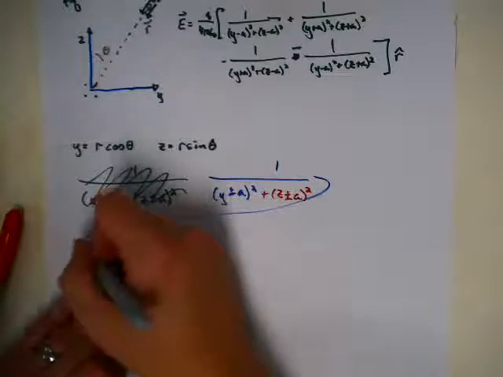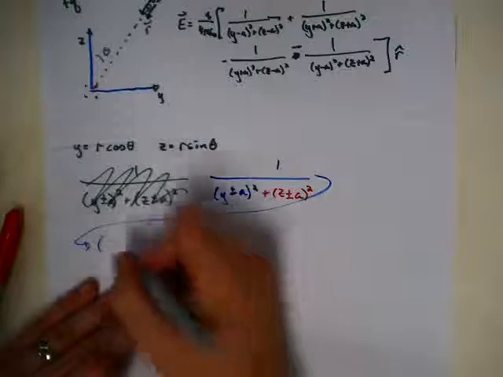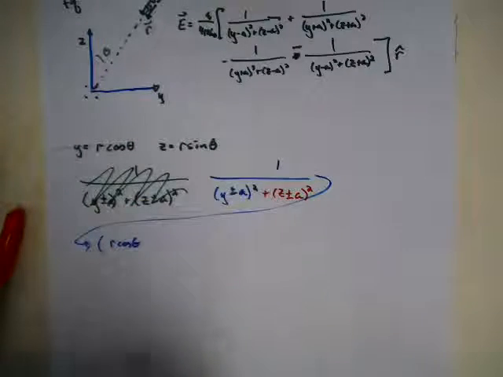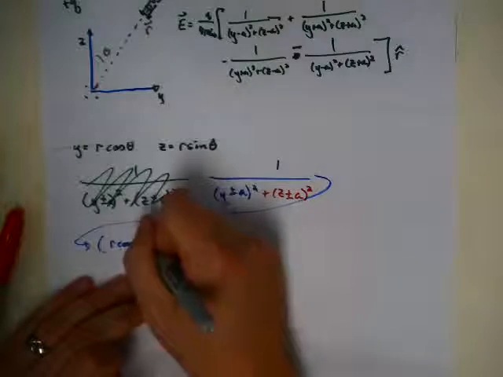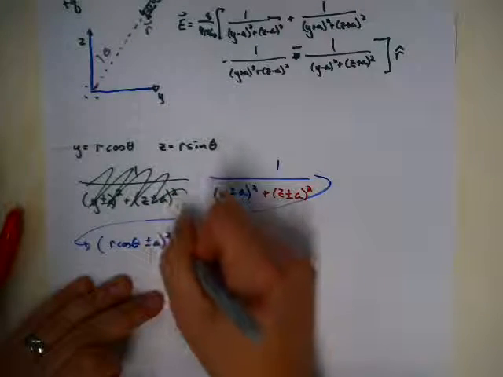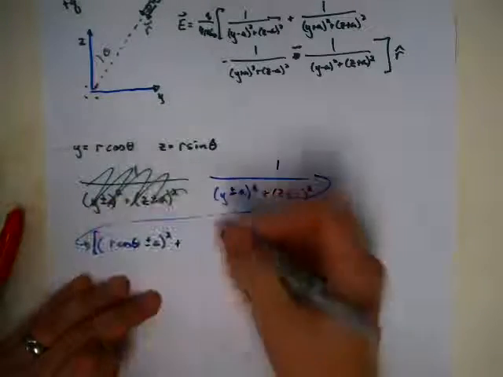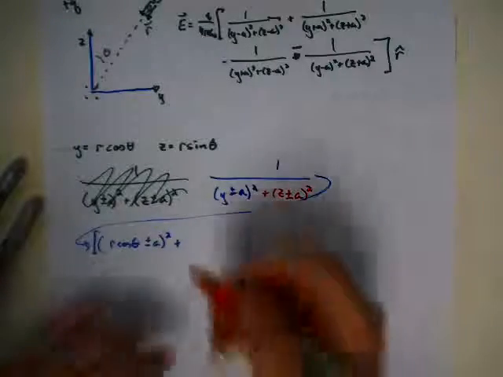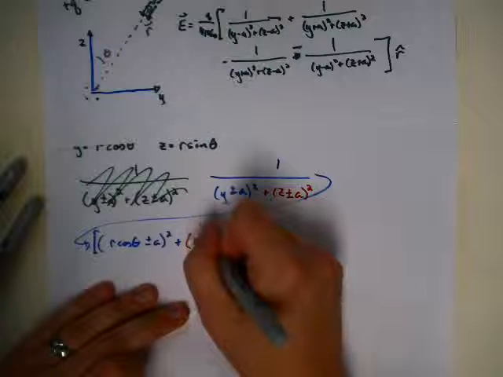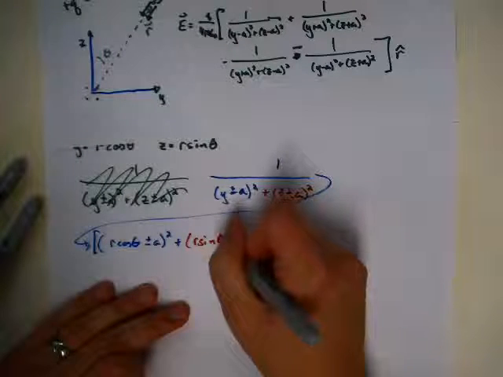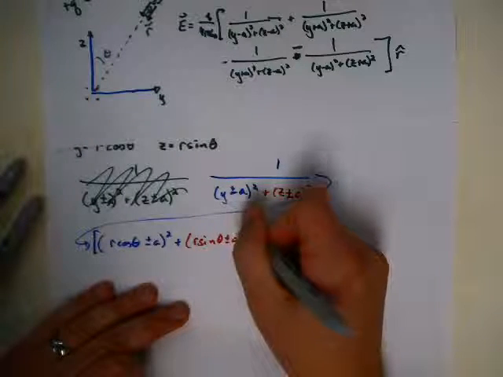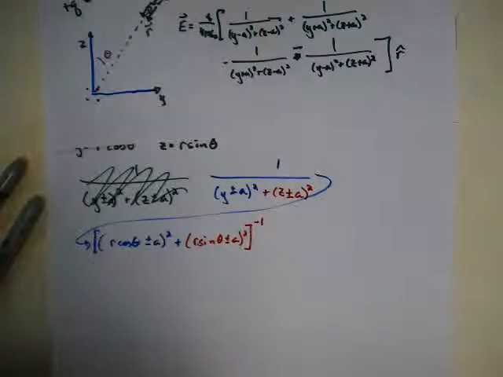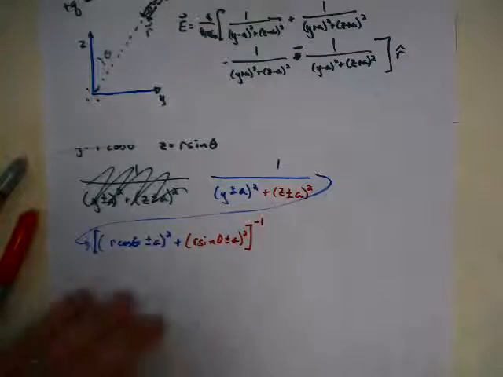So coming here, this is now going to be r cosine theta plus or minus a quantity squared plus, and I'm going to get r sine theta plus or minus a quantity squared, and -1.